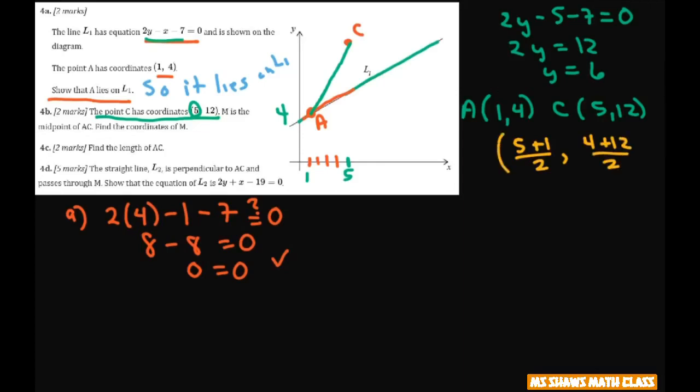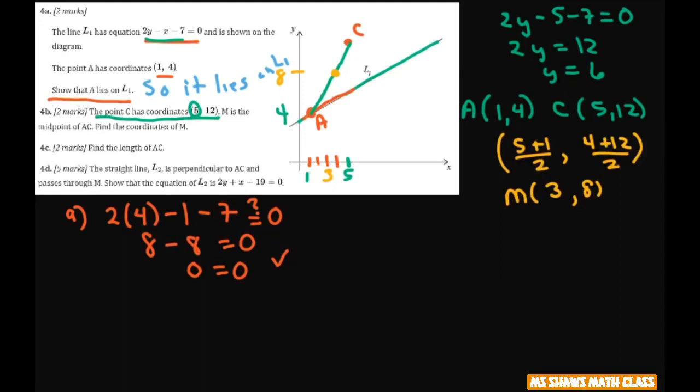You're just taking the average. So this would be (3, 8). So the midpoint here is M, and this would be your point (3, 8). So this would be 8 here. You have a 3 here.